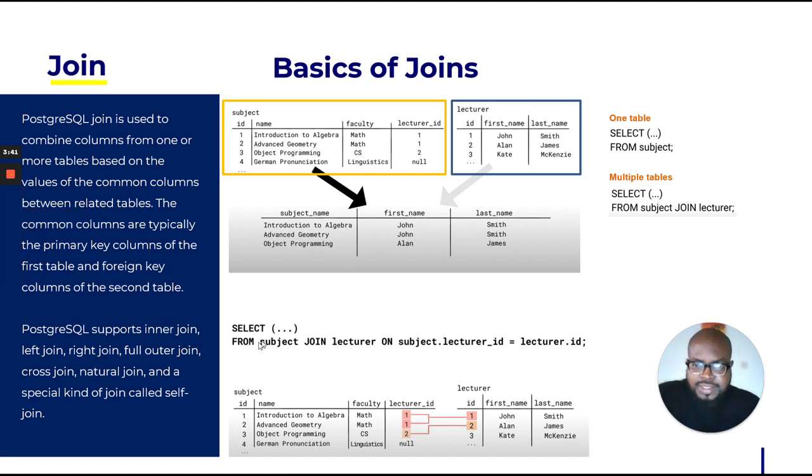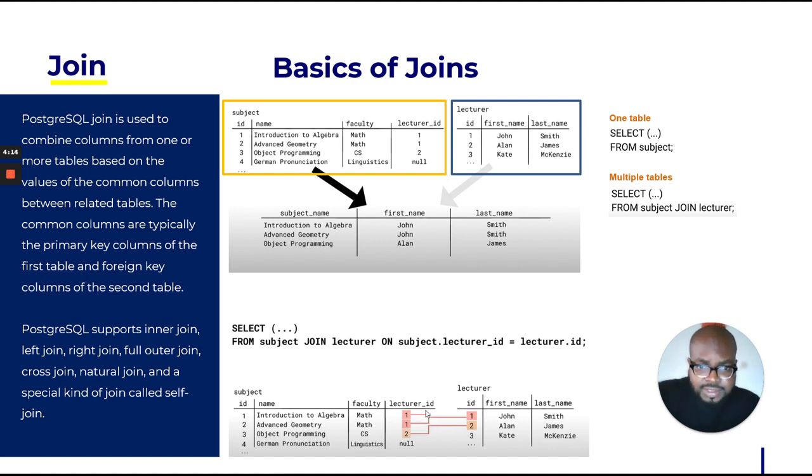So you can see what I said: select star from subject, join lecturer on subject dot lecturer ID equals ID on the lecturer's table. So it's usually select your columns from your first table, in this case subject, join your second table, in this case lecturer, on the matching columns on both tables.